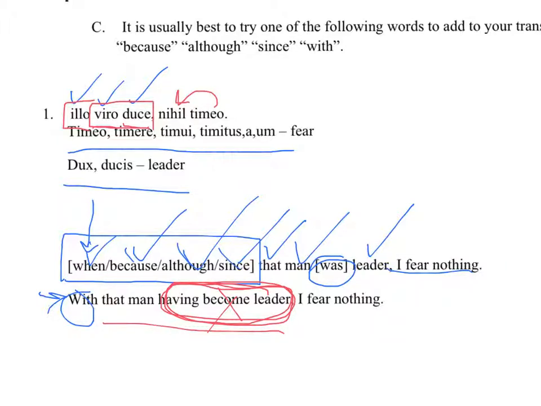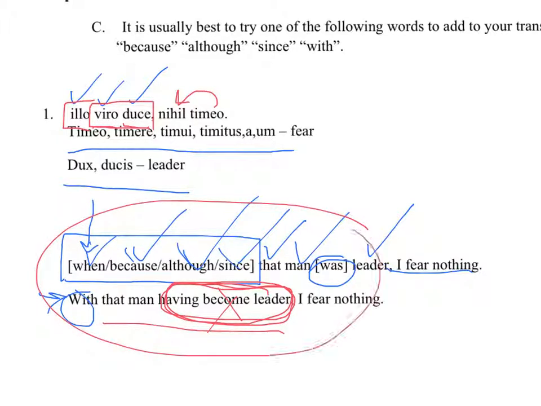With the circumstances being that man is leader, with the conditions being Caesar was leader, under the circumstances that Caesar was leader, I fear nothing. That whole ablative phrase just sets up the condition or circumstances for the rest of the sentence. Let's look at another example.